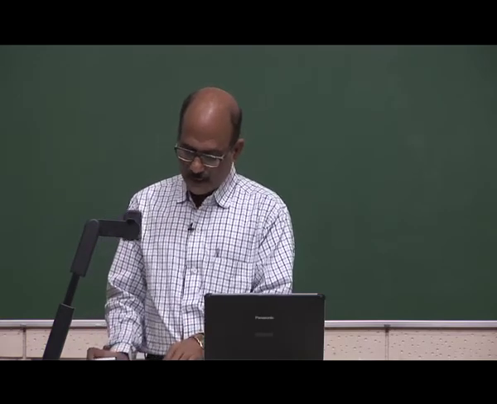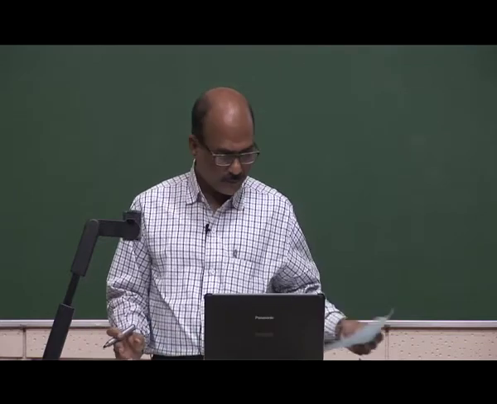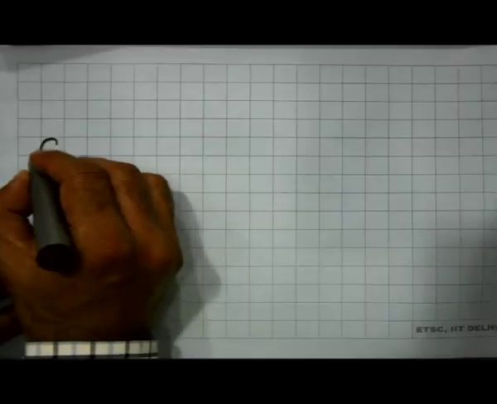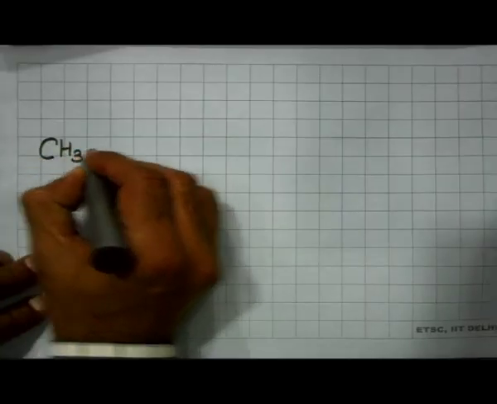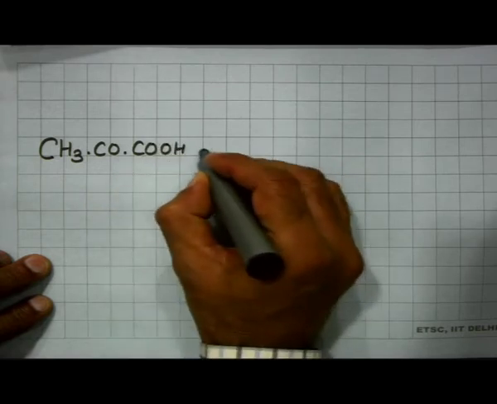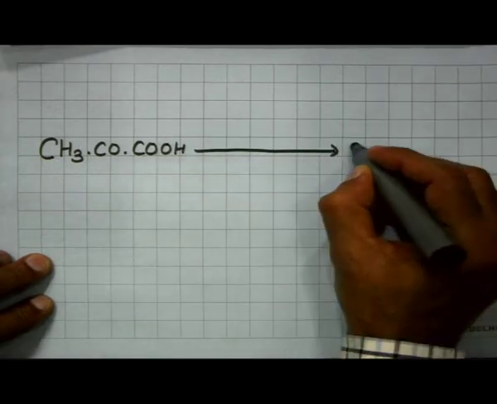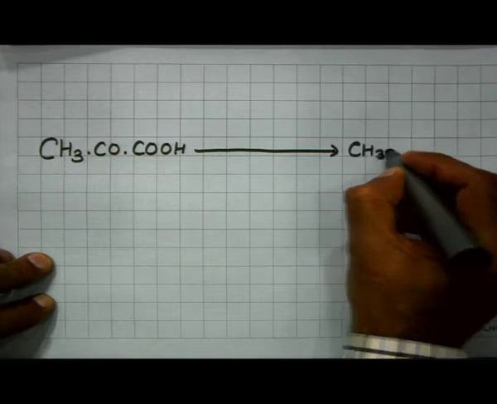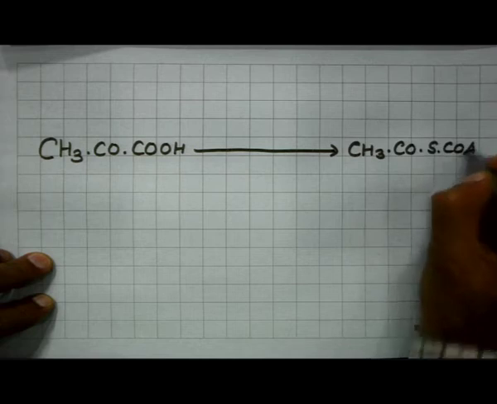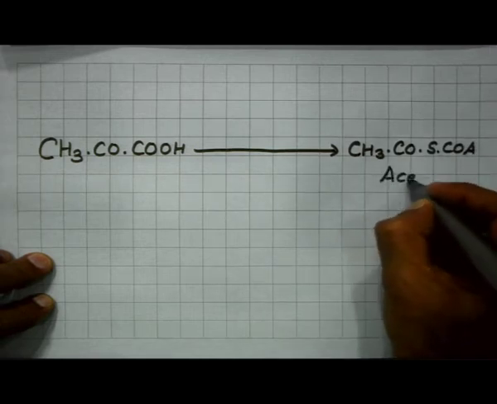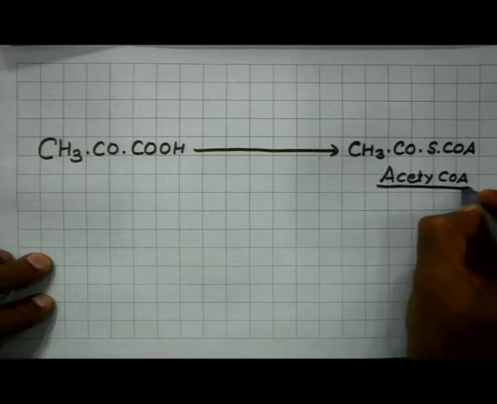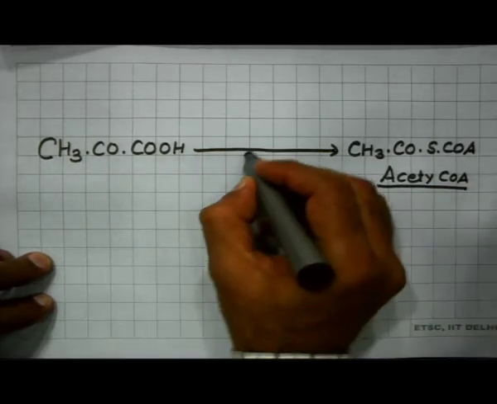Here is the reaction of the decarboxylation process: pyruvic acid, CH3COCOOH, forms acetyl coenzyme A, CH3COSCoA.